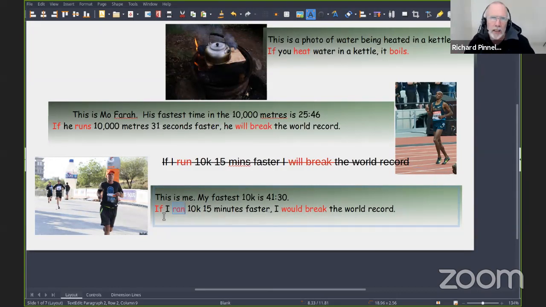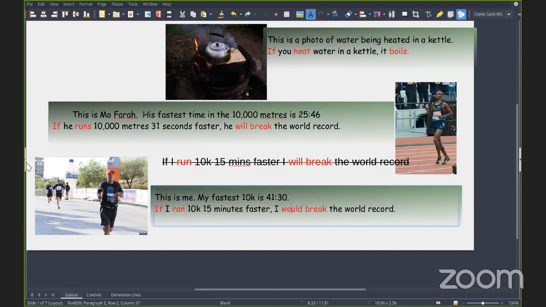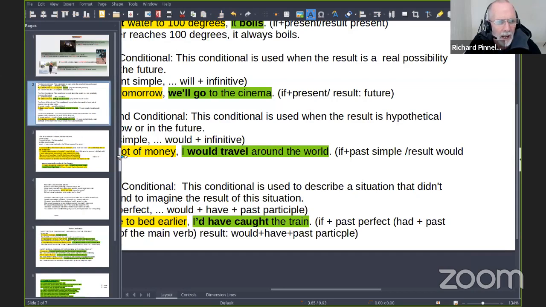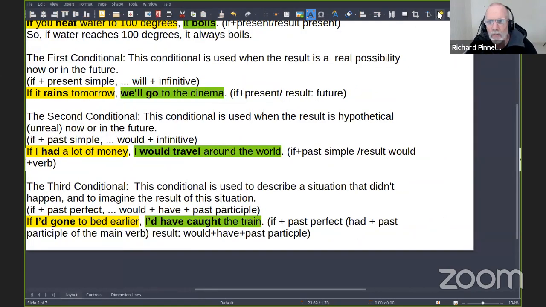The verb is in the past tense, but I am not referring to past time. In English, we don't have a special verb form to talk about imaginary situations, so we use the past. So this is a hypothetical imaginary situation now. And here it's a result of that hypothetical imaginary situation. So I need to use would not break. Now, this is not the subject of today, but here I have a summary of what we've just seen.